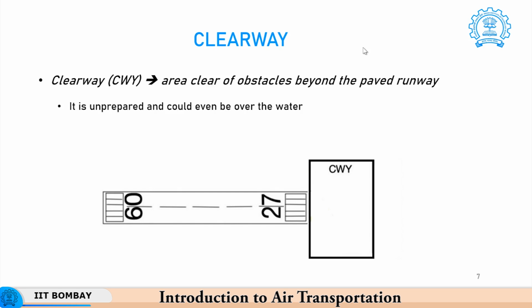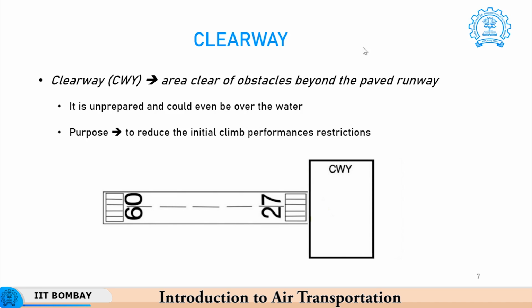So, the clearway is clear of all obstacles except those items which are required by function, like say the taxiway lights, runway lights. But as I said, it could even be an area over water which is clear of obstacles.